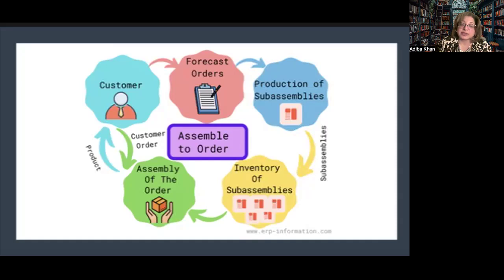When I say flexibility, I'm saying that assemble to order gives customers more variety because they get to be part of the customization process. And so this can be an advantage in fierce competition because customers want something that's unique and offers these unique options.